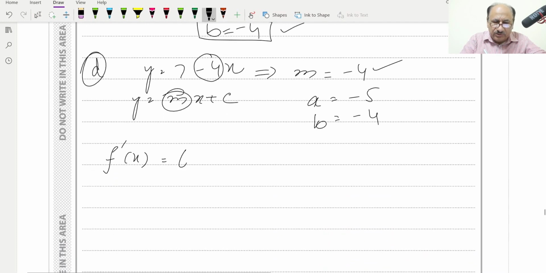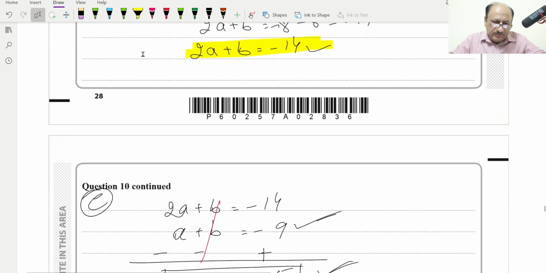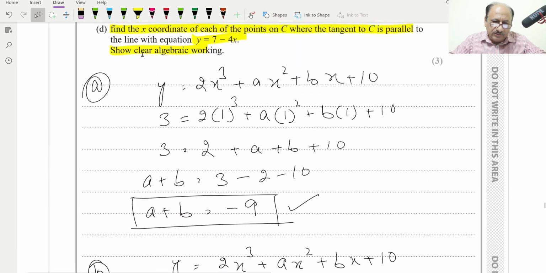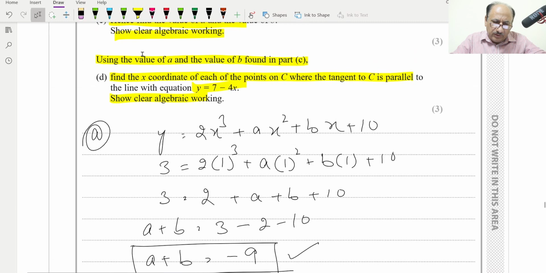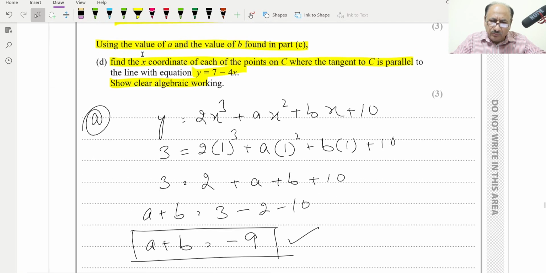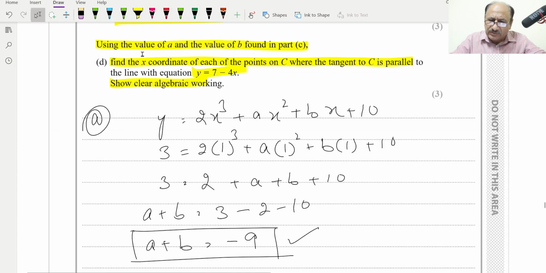F dash of x is equal to 6x square plus 2ax plus b, and this is equal to what? Using the values of a and b found in part C, find the x coordinate of each of the points on C where the tangent to C is parallel to this.